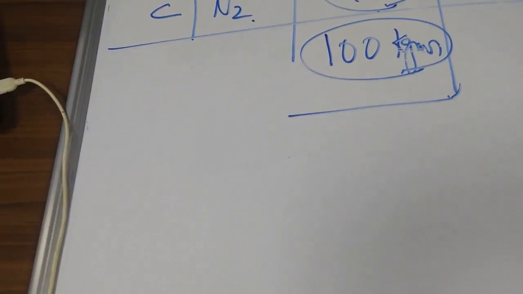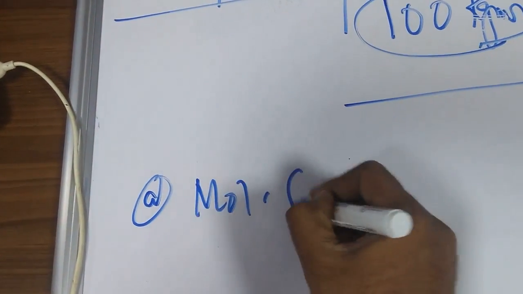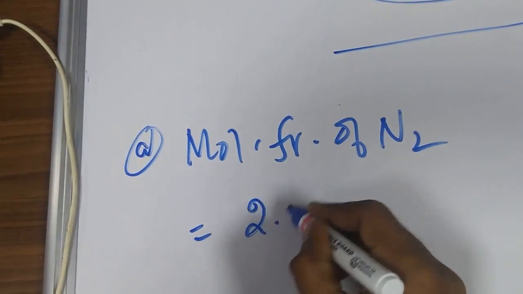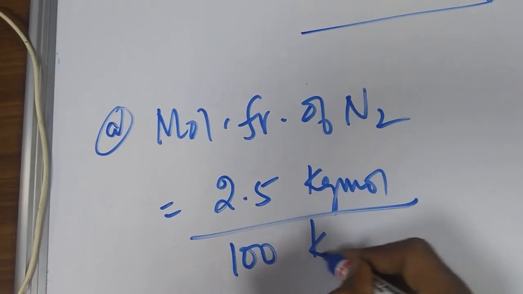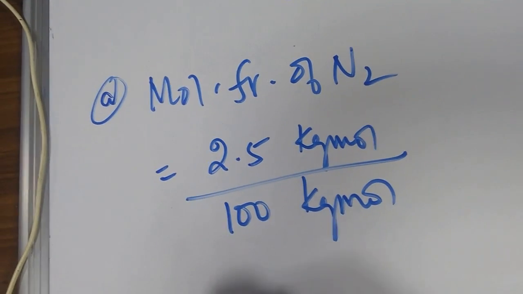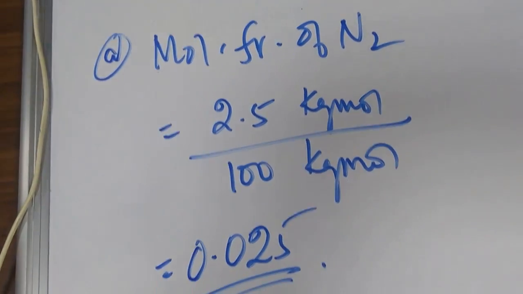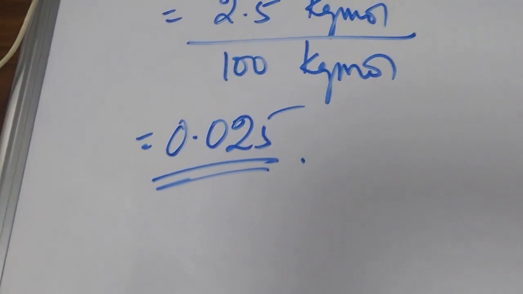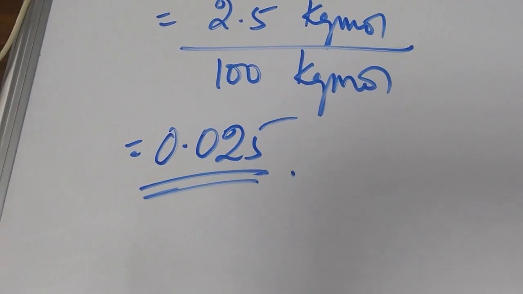Mole fraction of nitrogen is equal to 2.5 kg mole divided by 100 kg mole. We get the ratio. What is the answer? 0.025. Reconfirm with the percentage also: it is given 2.5 percentage divided by 100. We get 0.025 mole fraction.